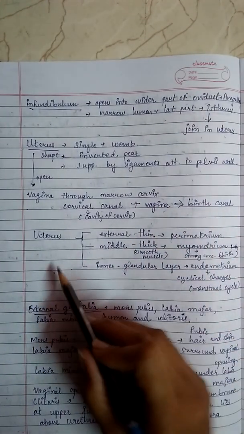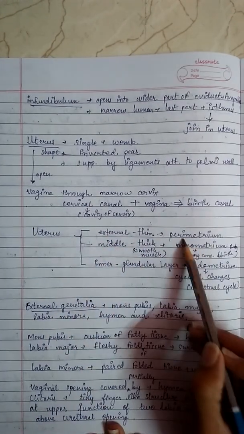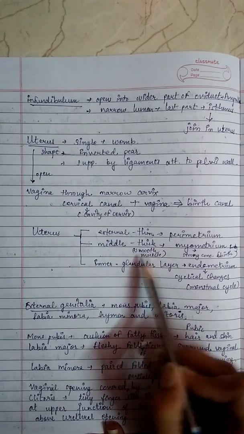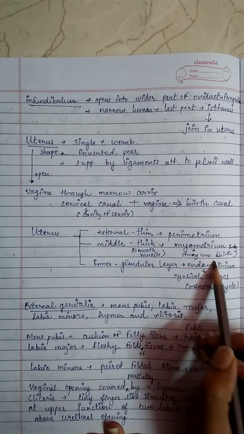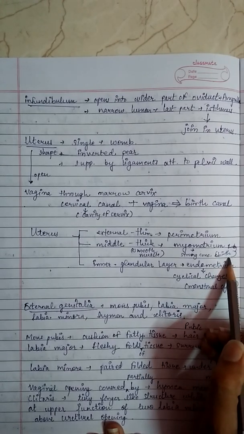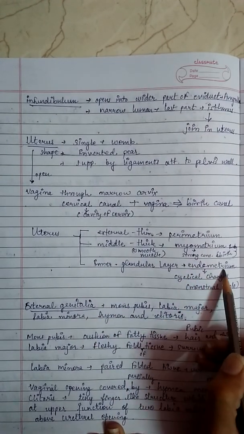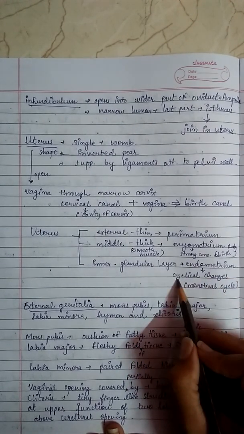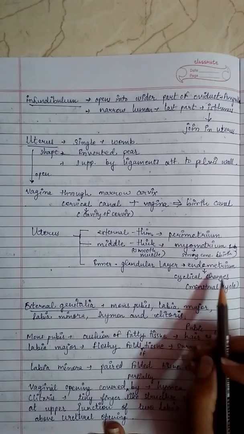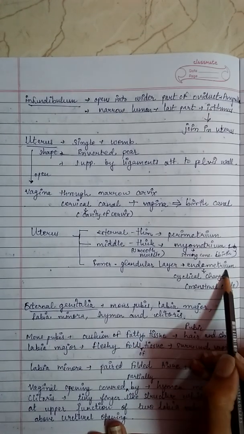The uterus has three layers: the external thin one, perimetrium; the middle thick one of smooth muscles, myometrium, which contracts strongly at birth time; and the inner glandular layer, endometrium. With the cyclic changes, meaning when the menstrual cycle occurs, this endometrium breaks down.